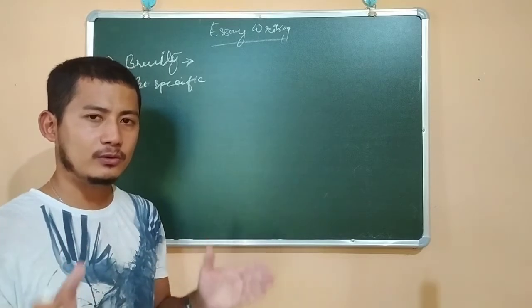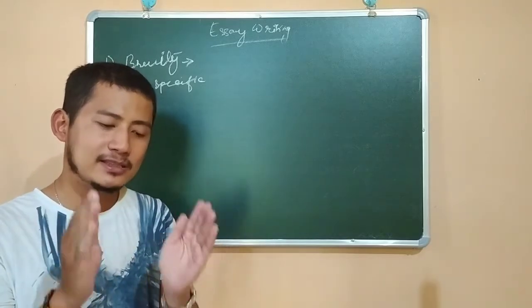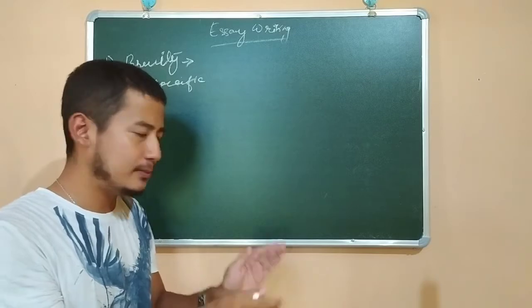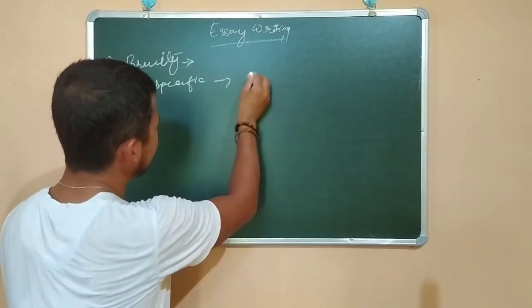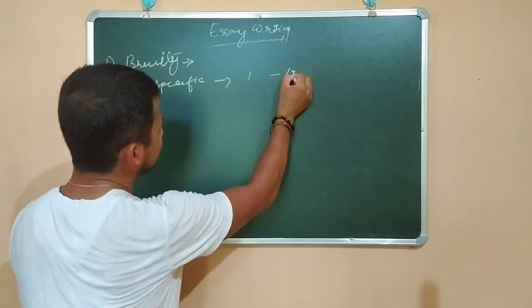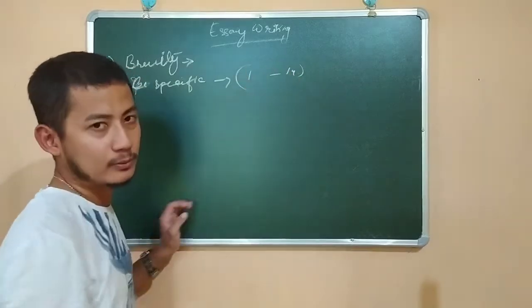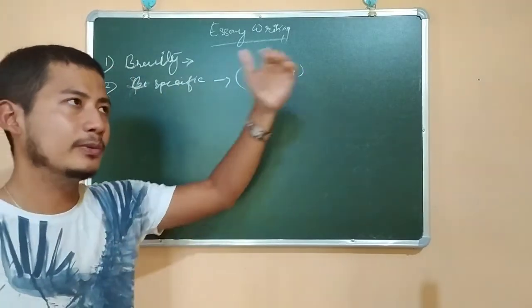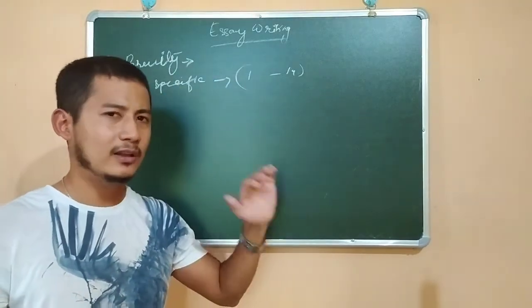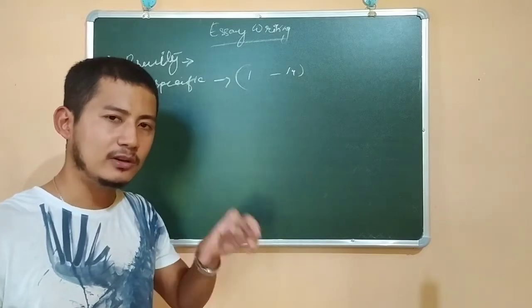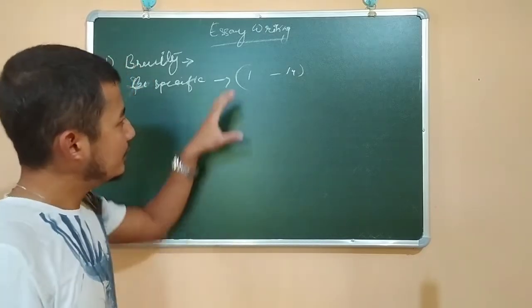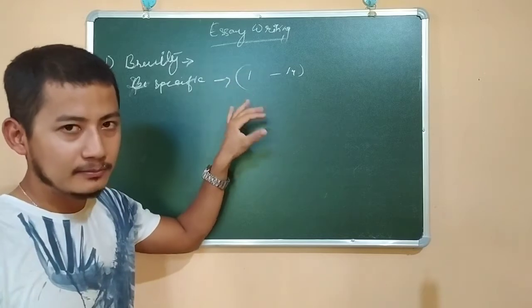To avoid that situation, you have to be specific to the particular topic. Suppose you are talking about girls from 1 to 14 years; you have to confine yourself within this age group. You cannot go beyond and keep coming back here and there, as that will just create a nuisance in your essay. So be specific.